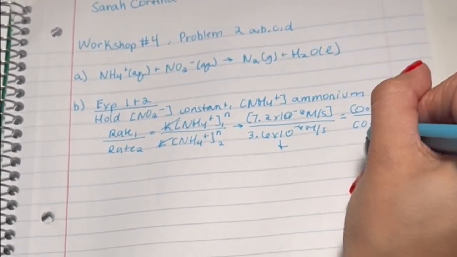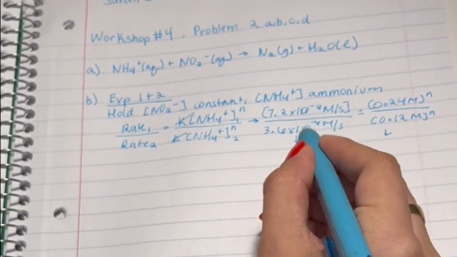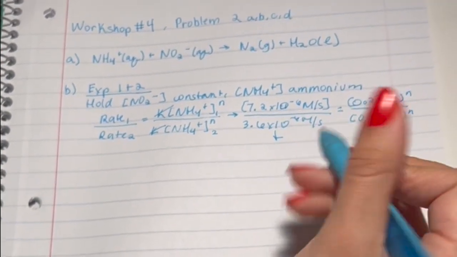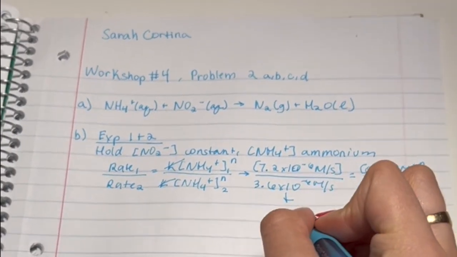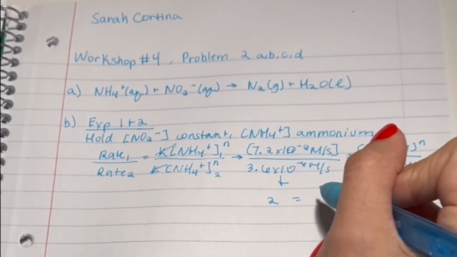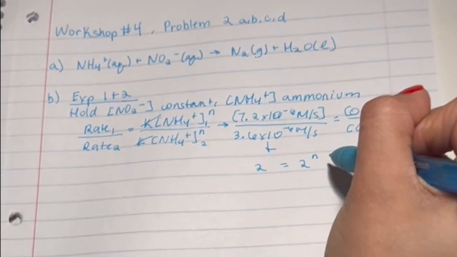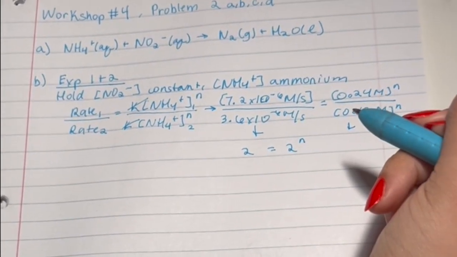So we're going to bring these down. When you divide 7.2 by 3.6, you're going to get 2. And you also get 2 on this side, and it's still raised to the N power though. We can't cancel that out yet.